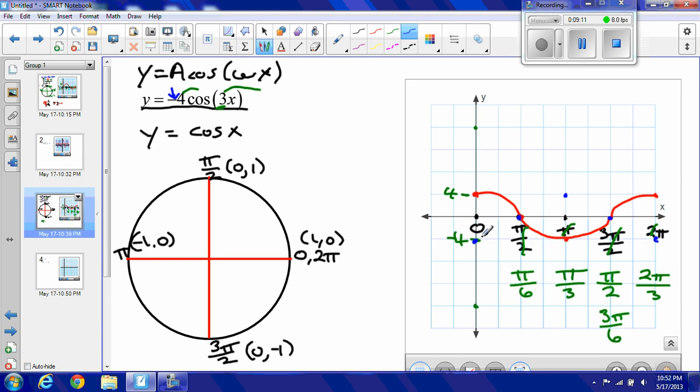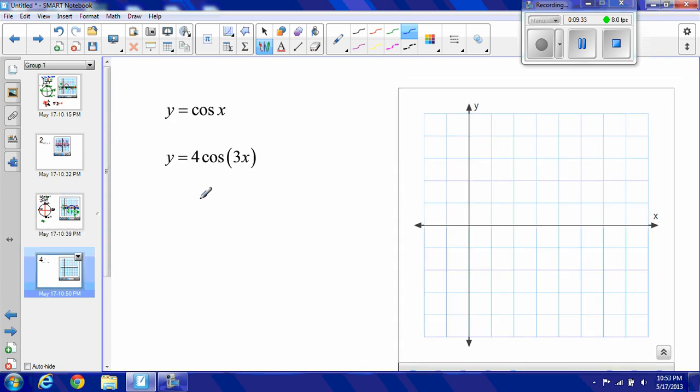So my fully transformed cosine function now is going to look like this. Sorry for that weird bump, but you can get the picture here. It flipped it upside down. Now let's go to the next page and see if that really works.